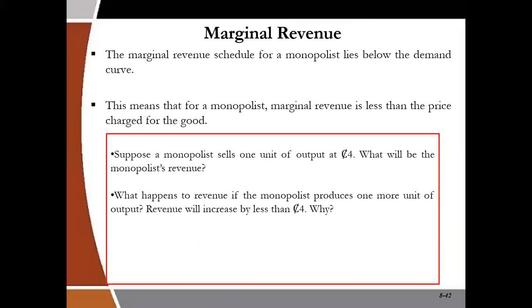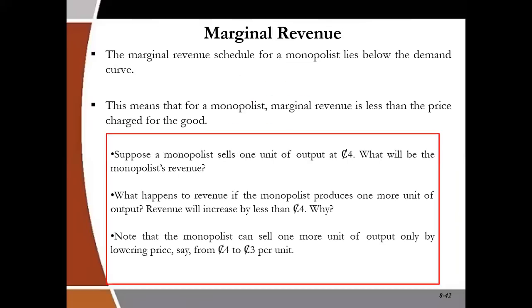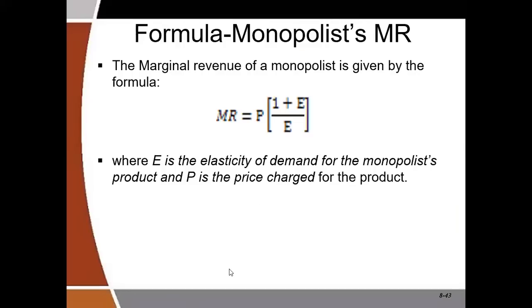I have shown you that the marginal revenue curve for a monopolist always lies below the demand curve. It is twice as steep as the demand curve.